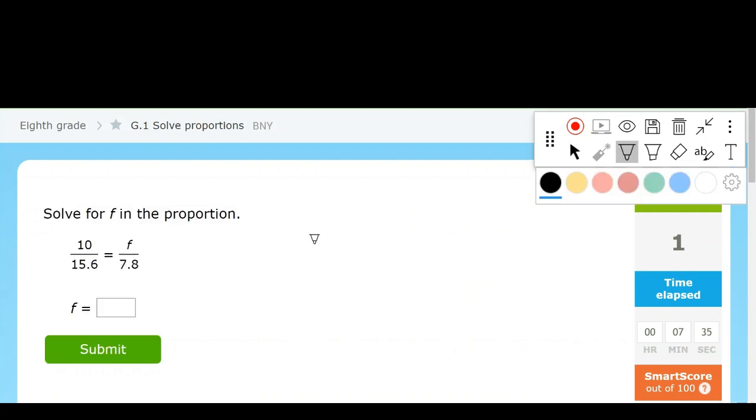Here's another one. Again, we know this is a proportion because there's a fraction on the left and a fraction on the right, with an equal sign between.